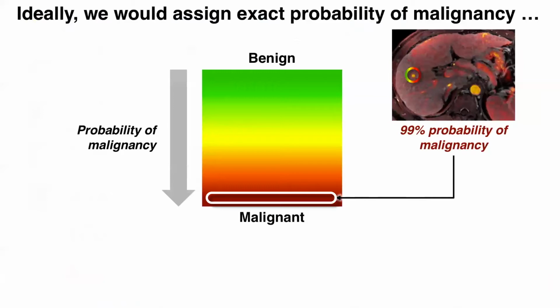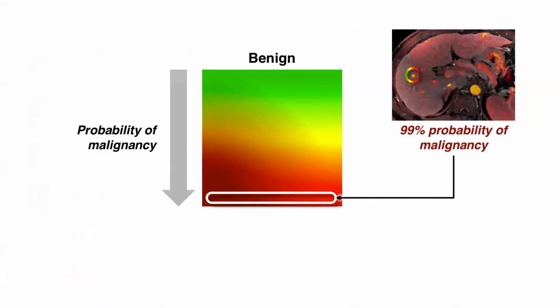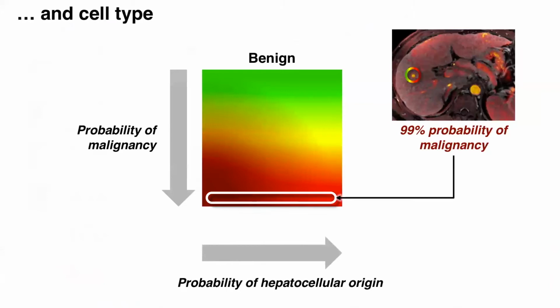In addition, not only would we be able to say what the probability of malignancy is, but we would also give a probability of the cell type and say something about whether we thought the lesion was or was not of hepatocellular origin.